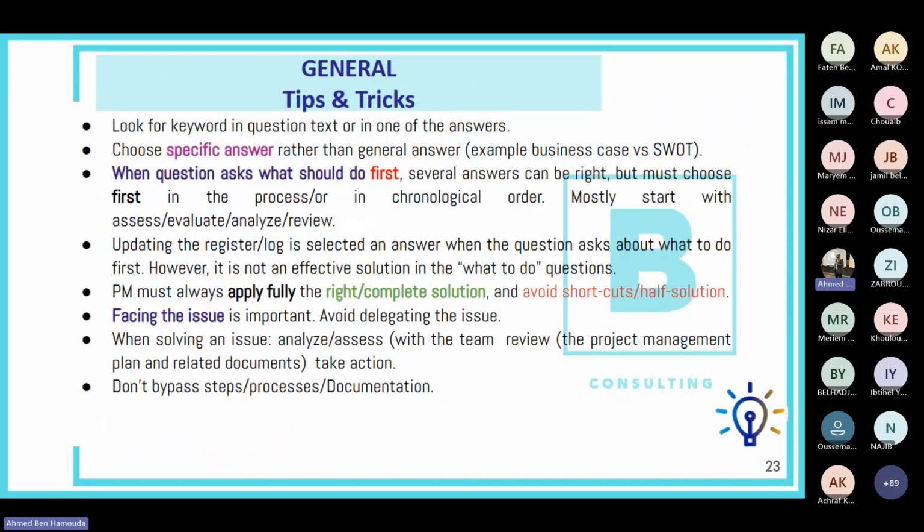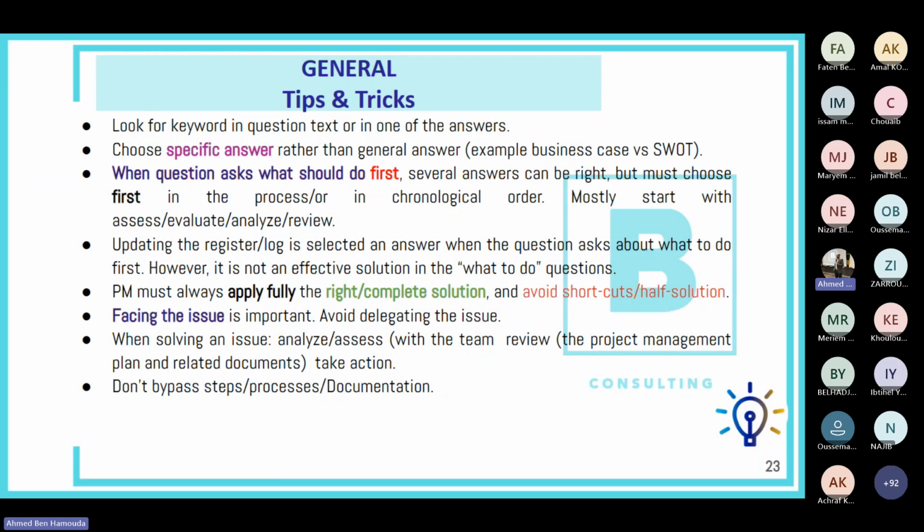Now, remember, in the exam, whenever you're reading a question, you need to look for the keyword in the question text or in one of the answers. For example, I remember one question about a project. In the text, it says, in the planning phase, what should the project manager do?